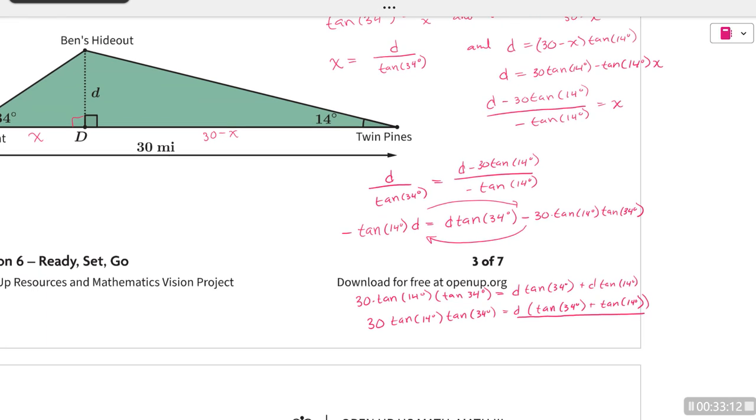But I'm just going to divide everything by this tan of 34 plus tan of 14. So if I divide that, it goes away.